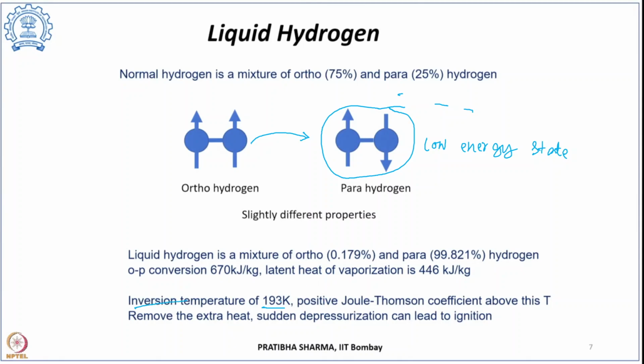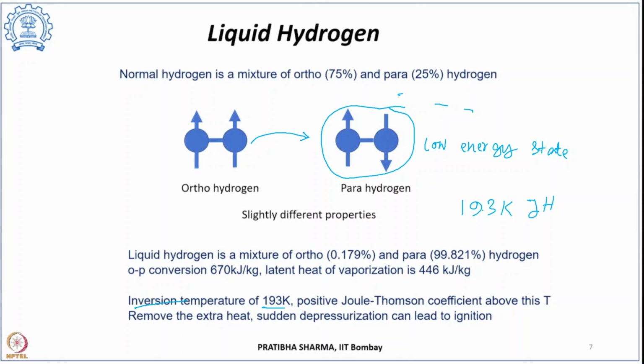Above 193 Kelvin, the Joule Thomson coefficient is positive, and below this it is negative.